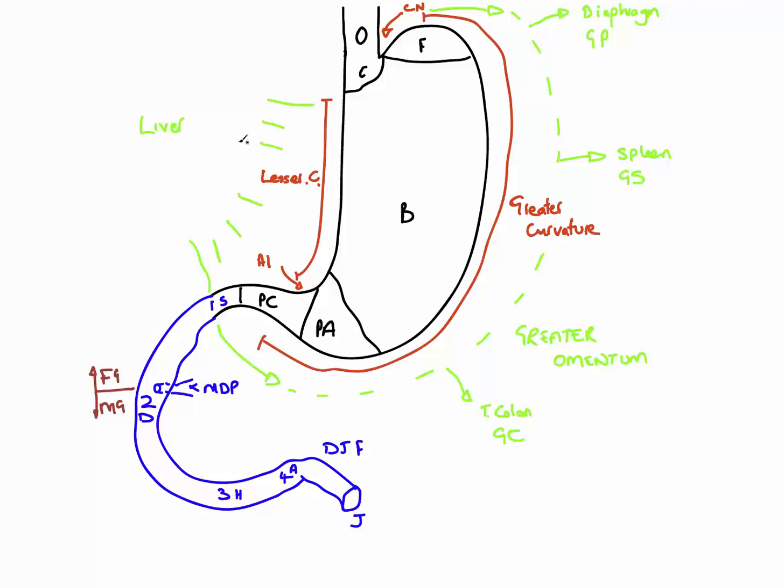So from the liver to the stomach, we have the hepatogastric ligament, and we also have a part that goes from the liver to the duodenum, the initial first part of the superior aspect of the duodenum, and that is the hepatoduodenal ligament. The hepatoduodenal ligament and the hepatogastric ligament form the lesser omentum.